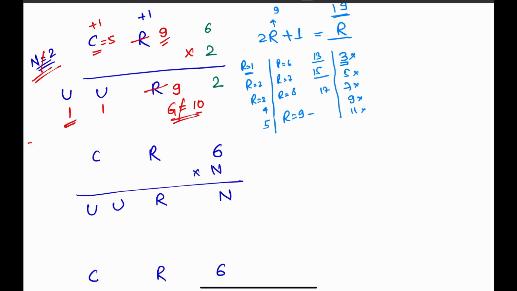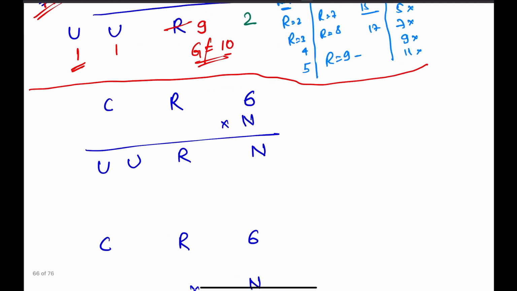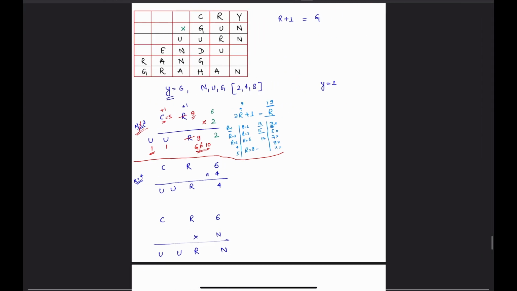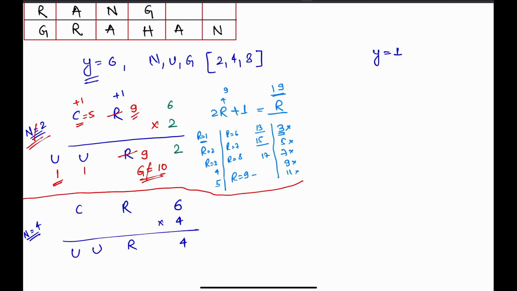Okay, it's okay, fine. Let's try to solve case 2 when my value of n equal to 4. Let's replace it. 4. The reason why I'm taking first case as 6 and second case as 1 is because if I take 6, then I have NUG only 3 values.